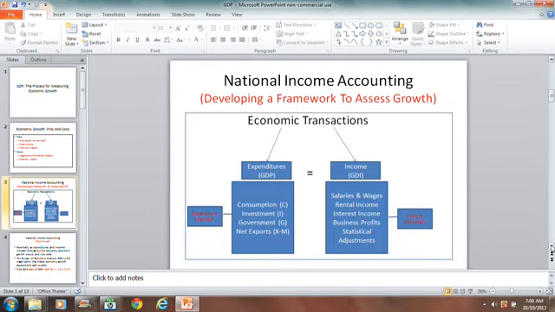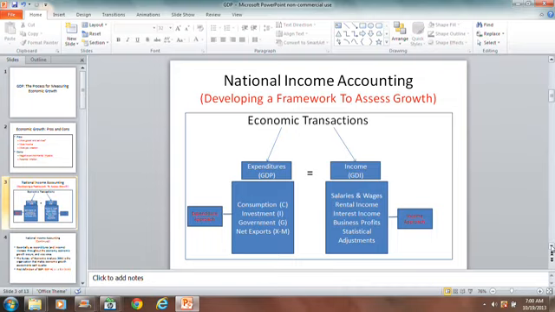But there's a framework in place for assessing growth, and it's called the National Income Accounting Framework. Accounting in the sense that you are trying to balance two things, right? This process was developed originally by a great economist. His name was Simon Kuznets. He was a professor of economics at Harvard, and he developed this very impressive process.